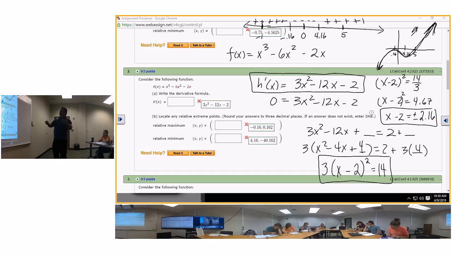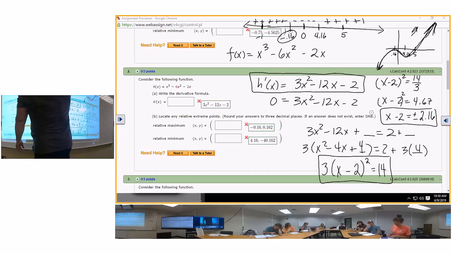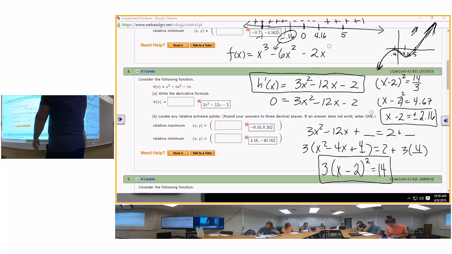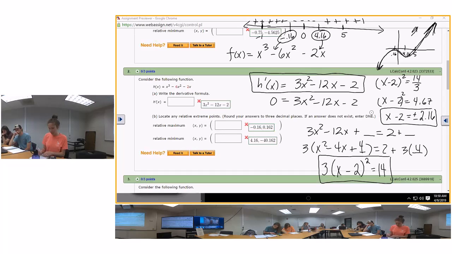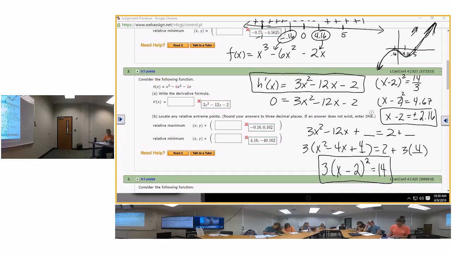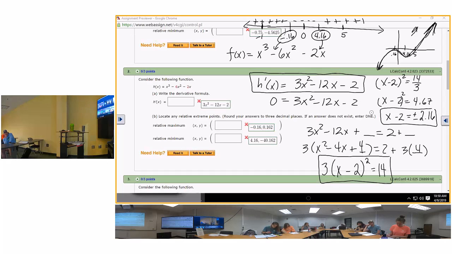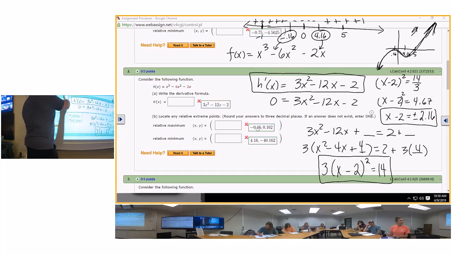Now, we haven't found the y's yet. So let's find the y's. Plug in negative 0.16 into this and plug in the 4.16. Plug that in there and see what you get. And that's where you get where it turns. Okay, look here, y'all. So plug in negative 0.16 into your function.